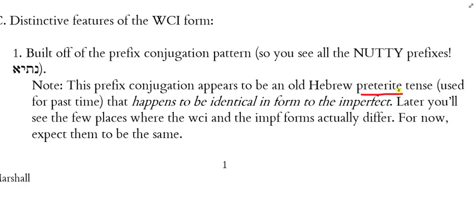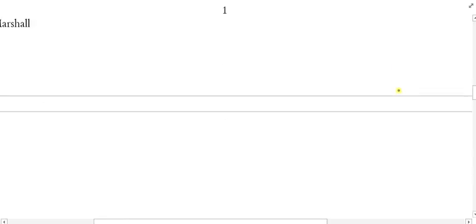Later, you'll see the few places where the WCI and the imperfect forms actually differ. For now, you should expect them to be the same. Most of the time you cannot tell the difference between an old preterite and an imperfect, except for the special vav pointed on it.